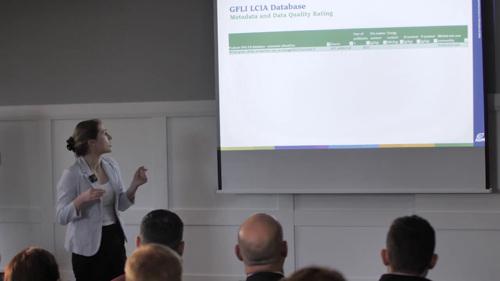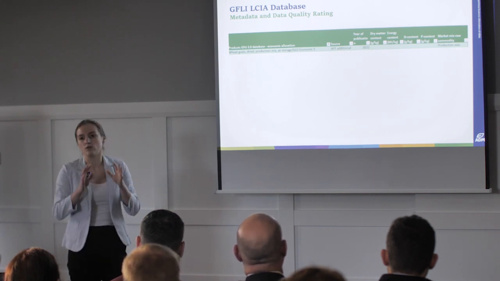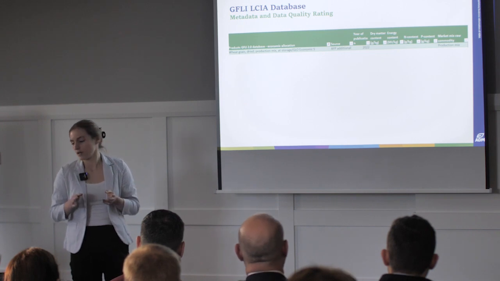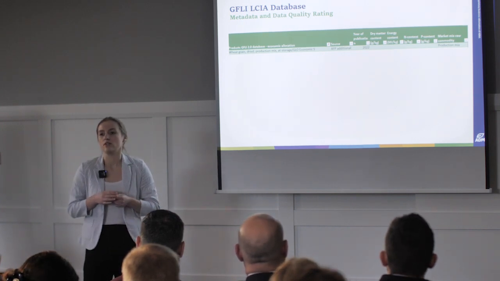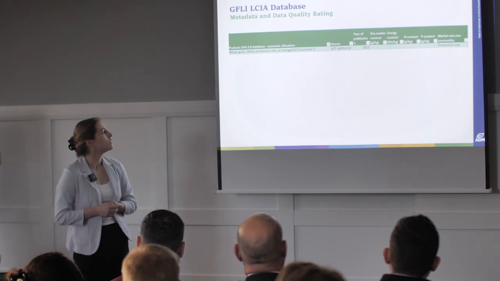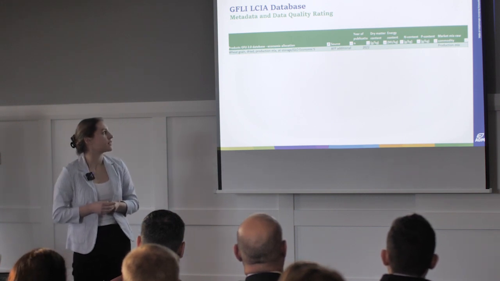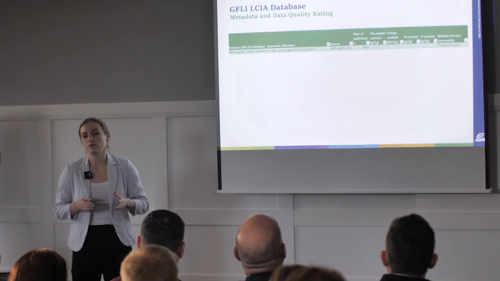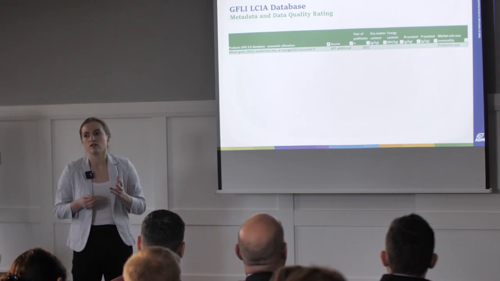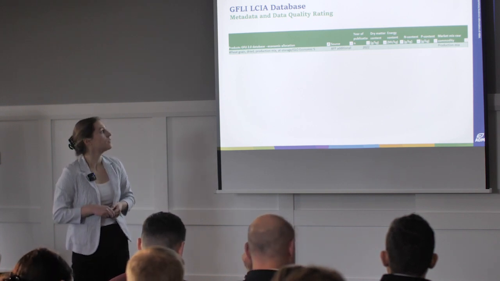So here we have the example of wheat grain, a global average production mix, and you will see the year in which the data was published, the dry matter content and energy content, if available, as this is also the basis for the other allocation methods.